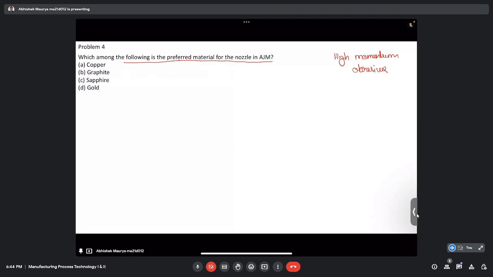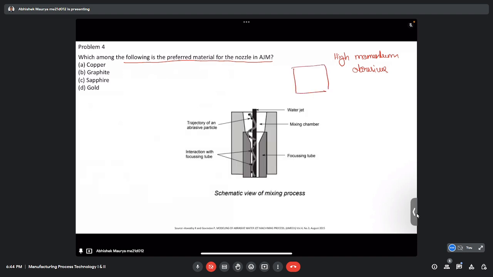Inside the nozzle we have abrasive particles, and we have some mechanism or system from which we create a high velocity of the carrier medium.